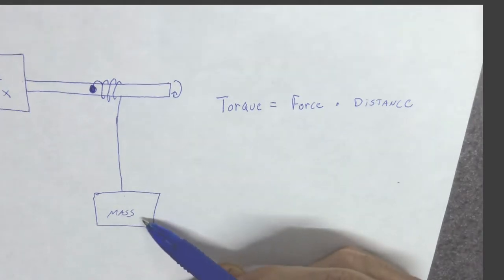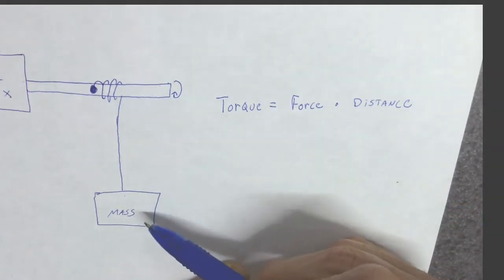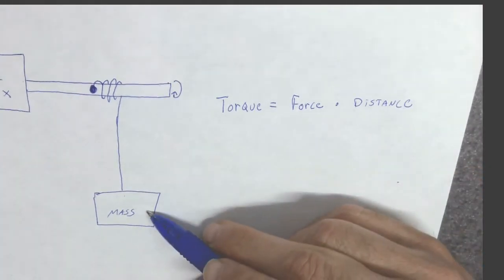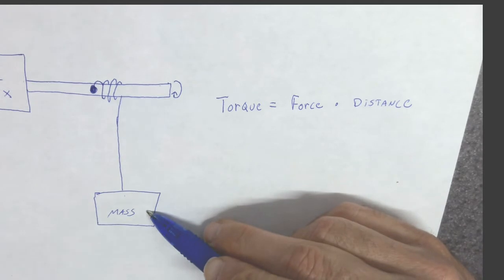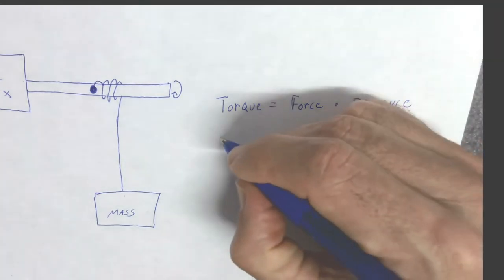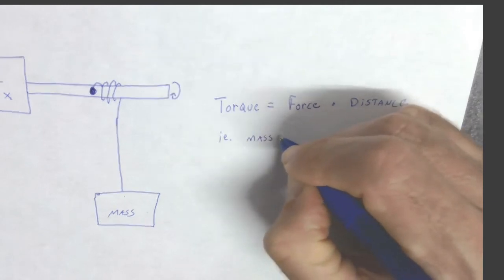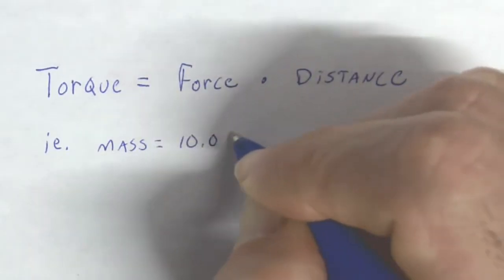In our situation, we need to provide a force equal to the weight of the mass. So we can determine the force that's required to lift any given mass if we know what the mass of the object is. As an example, let's just say the mass were to equal 10.0 kilograms.